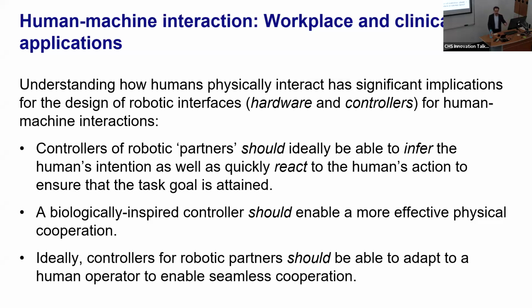But based on the architecture I showed you earlier, where two humans try to figure each other out and try to act accordingly, if you want a robot to look and behave like a human partner, then you should try to mimic as much as possible what you learn from the human-human interaction. That's one of the potential benefits of understanding human-human interactions.